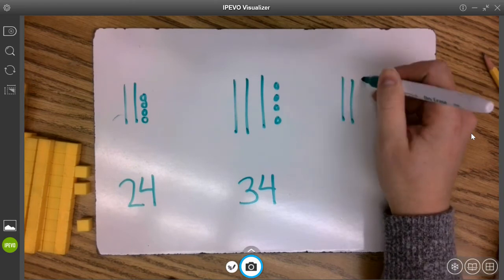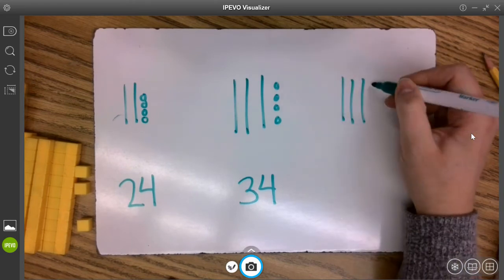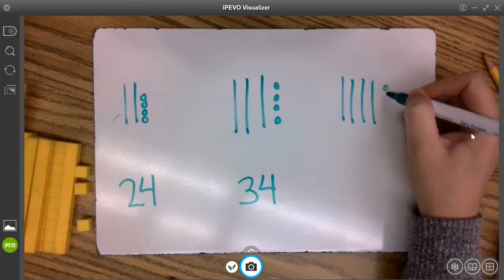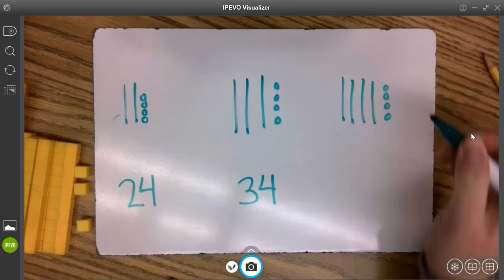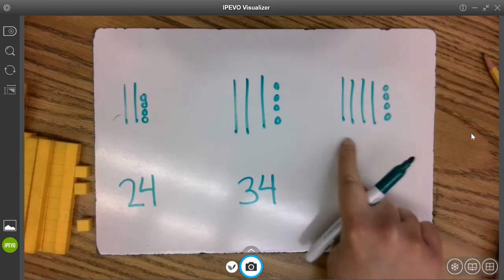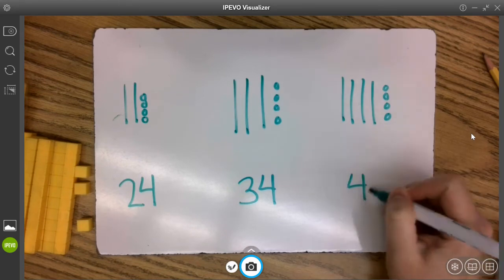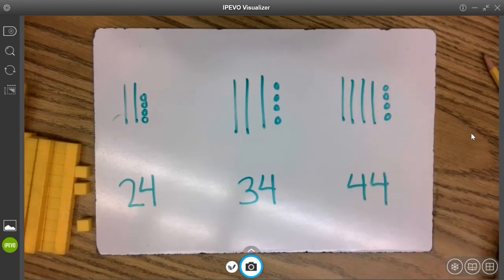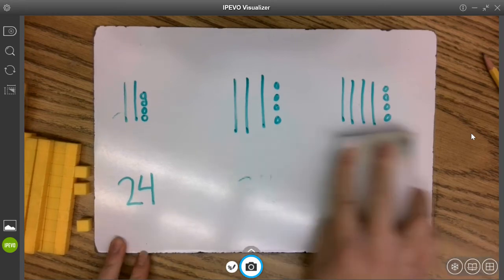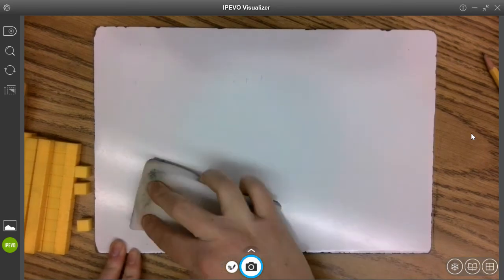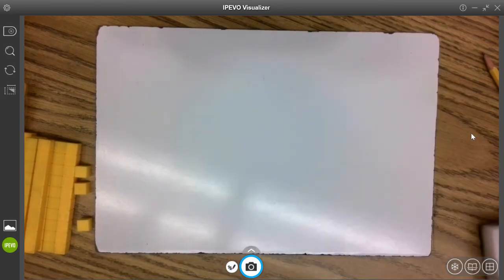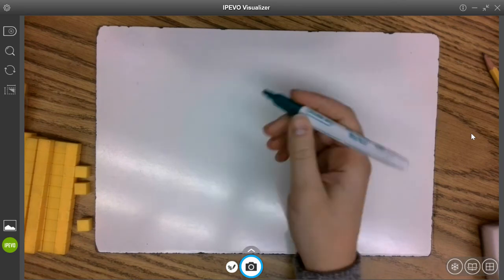So I started with 3, and I'm going to get 1 more, and I keep the 4 ones. So now I have 4 tens and 4 ones. 10 more, 10 less. Okay. Let's do another one.